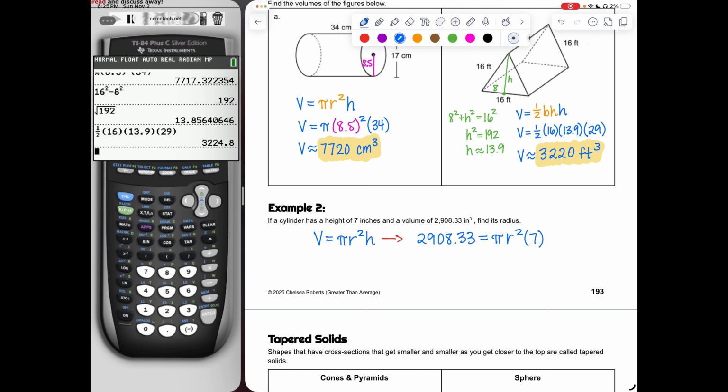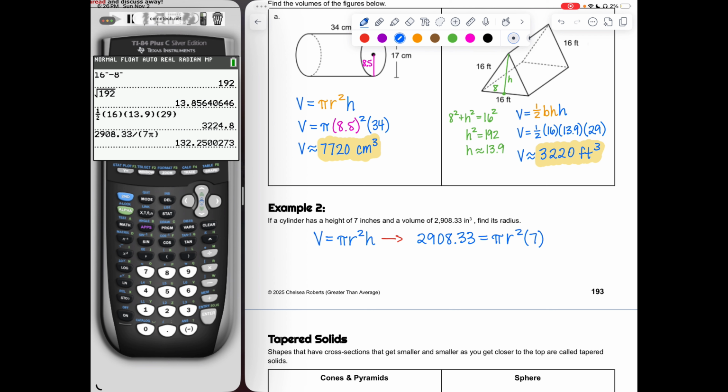So the first thing that we're going to do is take the 2,908.33 and divide by 7 pi. Notice how I put parentheses around the 7 pi. I wanted to divide by the entire 7 pi on the bottom. All right, so when I divide that, I end up getting 132 in 3 significant figures.